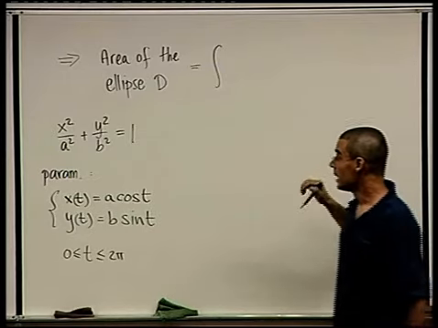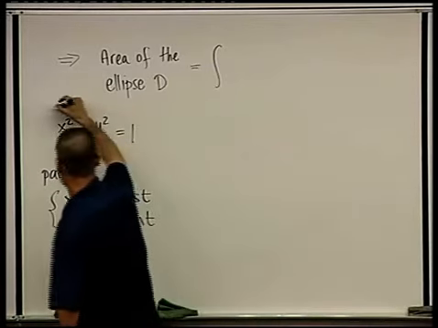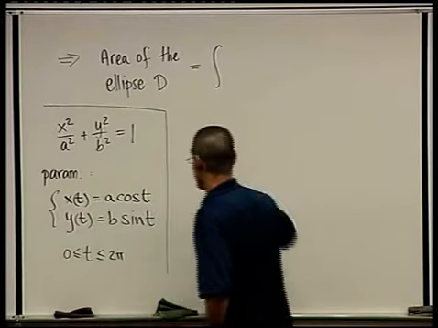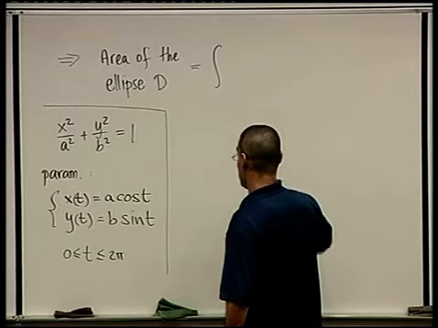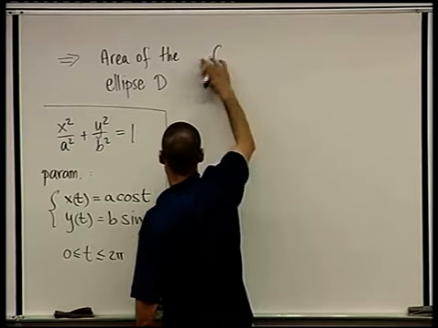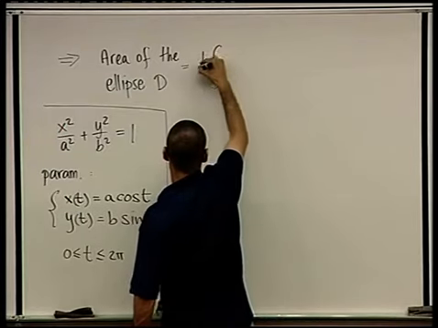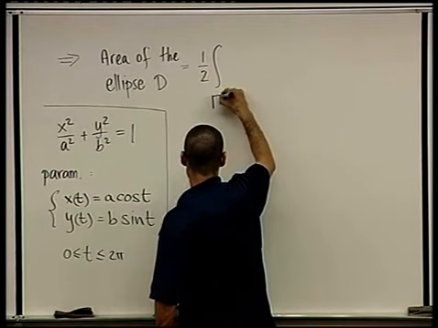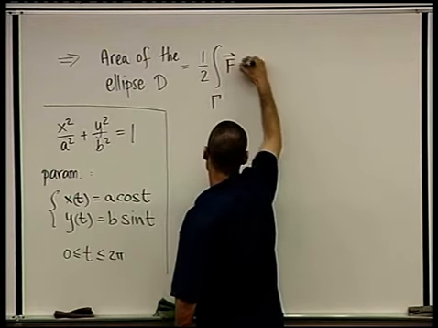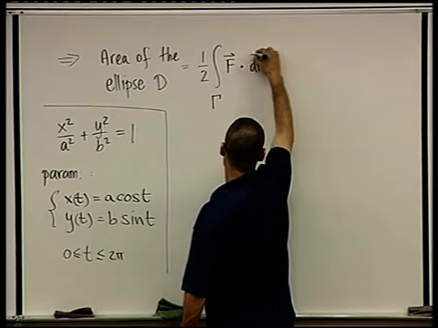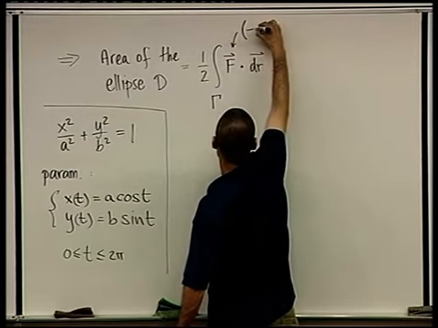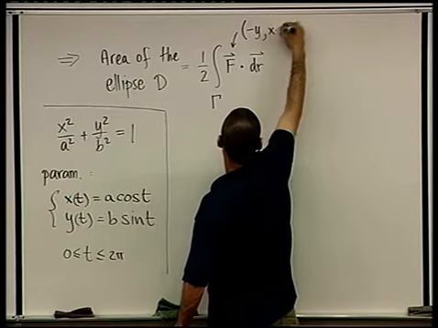Okay? So this is our side explanation for what comes here. The area of the ellipse, by our preceding arguments, is 1/2 the integral over the ellipse of F dot dr, where F was the field minus y, x.